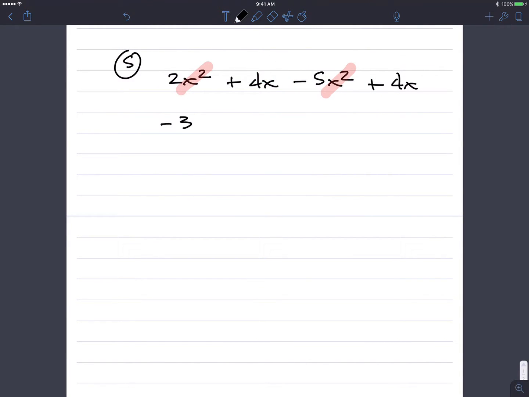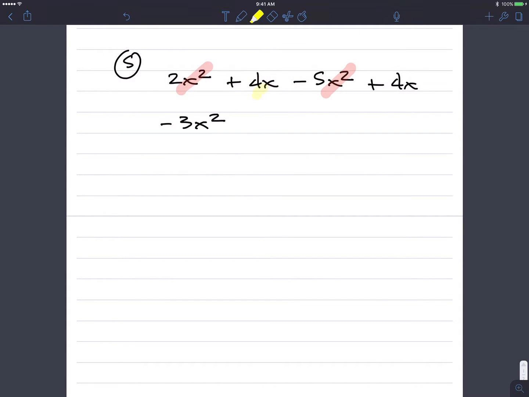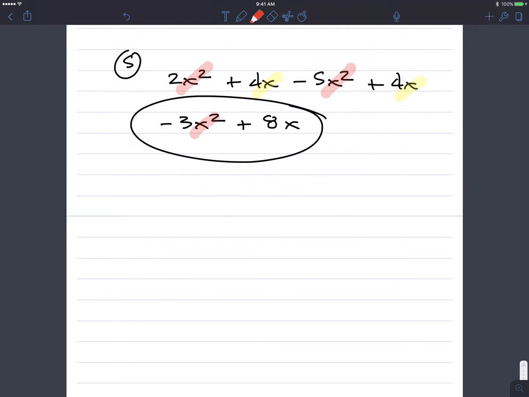I'm going to owe 3 apples when I combine those terms. I have 4 bananas, and I have another 4 bananas. This means I have 8 bananas. And I'm done. I can't combine my apples with my bananas.